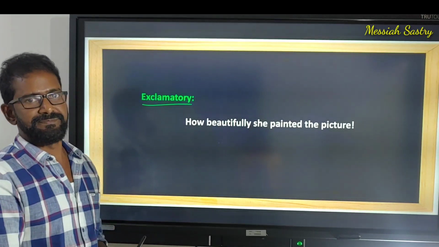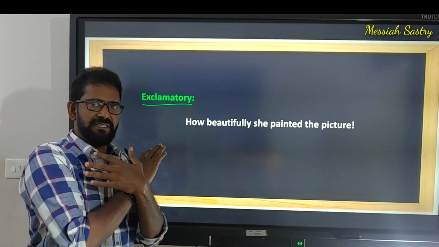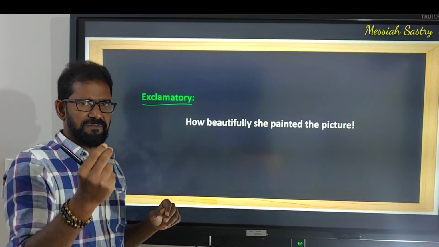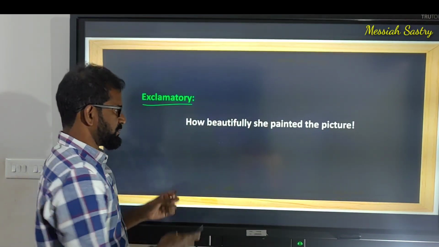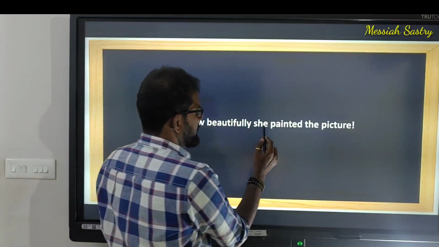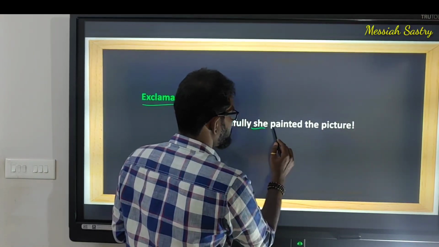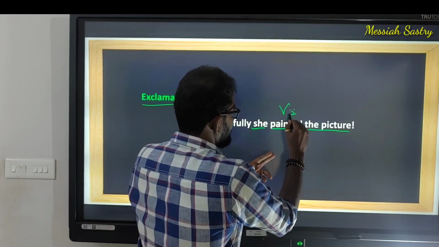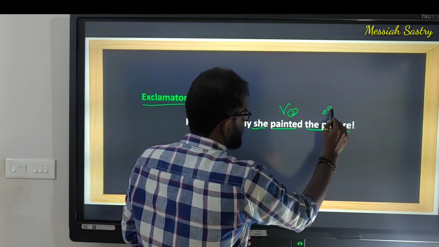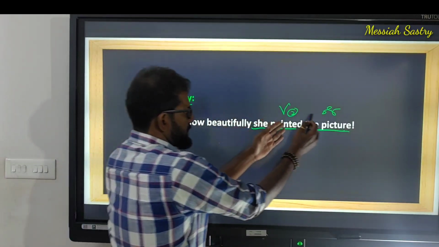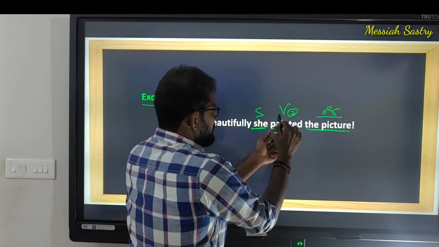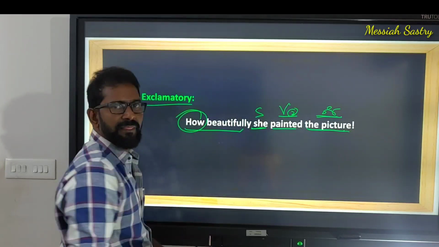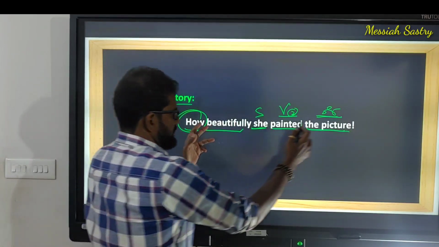Exclamatory sentences. Most exclamatory sentences have no passive voice. Very few do. Such a sentence should be this way: how beautiful she painted the picture. She painted the picture. Painted is V2, and the picture is an object. If the sentence has a subject, verb and object along with how or what, then there is a possibility.